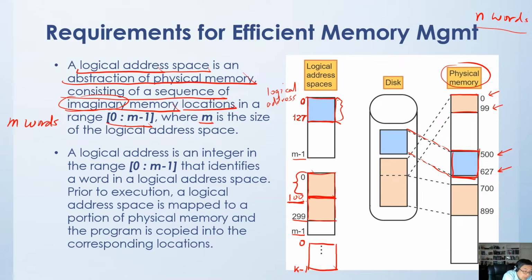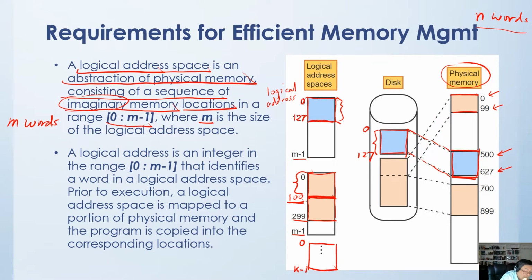So we first need to put this one in disk space and then based on logical addresses from 0 to 127. But when the program is actually loaded into the computer memory, the physical memory, you don't necessarily load logical address 0 into physical address 0.